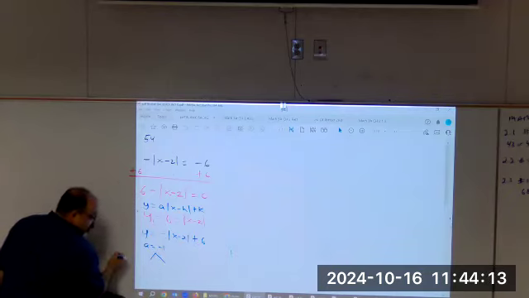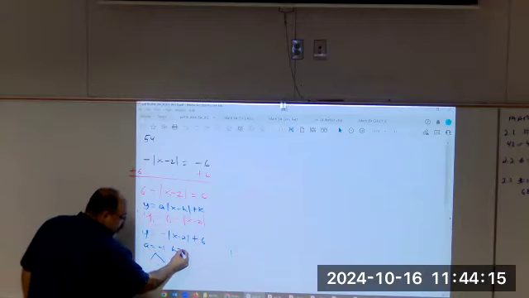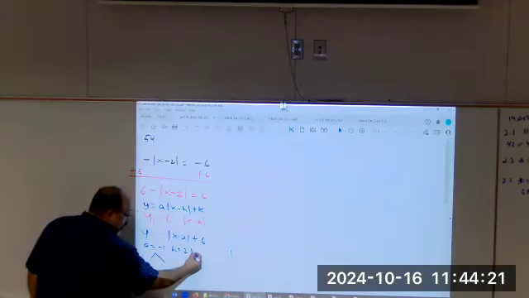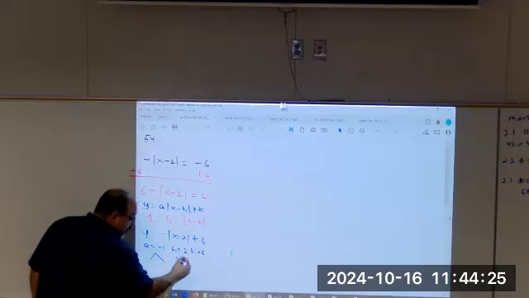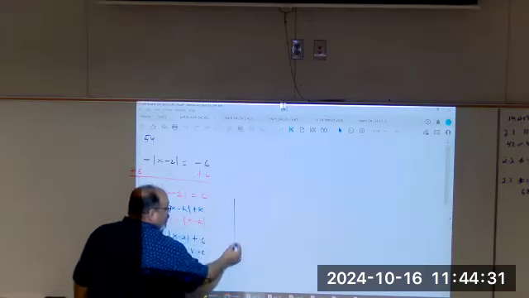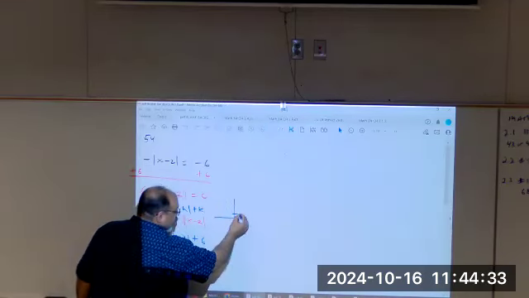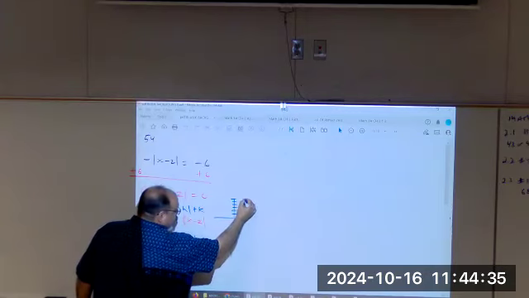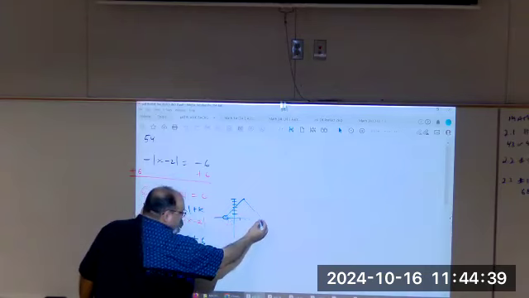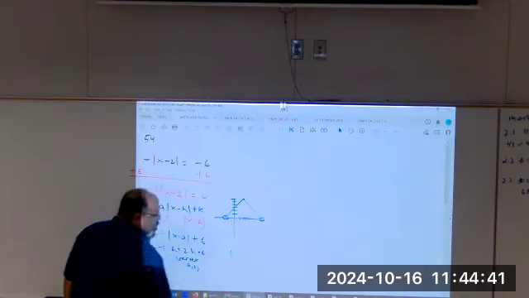What is the h? Positive 2, so it's going to shift to the right. Plus k. Positive 6, so the vertex is going to be at 2, 6. And it's going to go down. So we should get x-intercepts right around there.